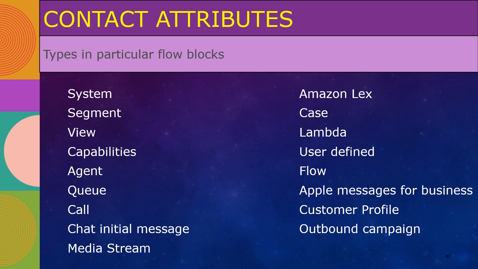So there's system. We know what the system is, right? We've got different queues. We got different security profiles. We have different agents, etc. And then we have different types of attributes.